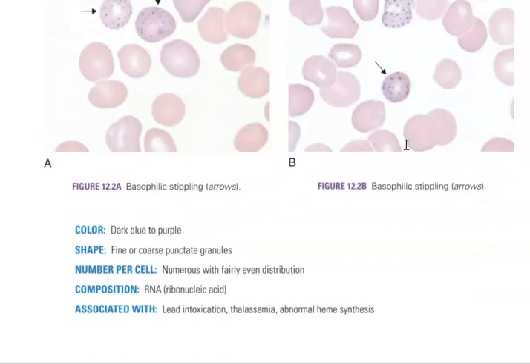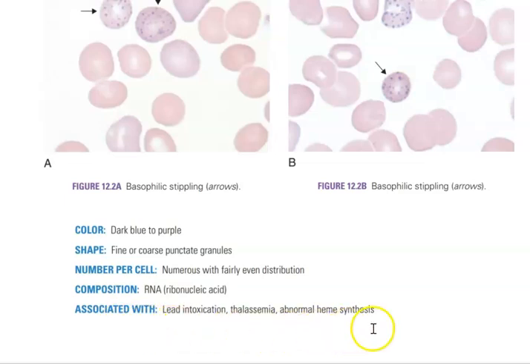So basically the red blood cell just looks speckled with little purple or bluish dots. And these are composed of RNA. Where the Howell-Jolly bodies were DNA, the basophilic stippling is RNA.